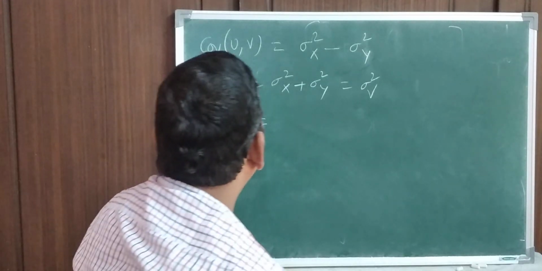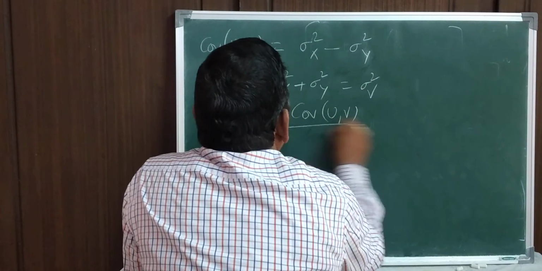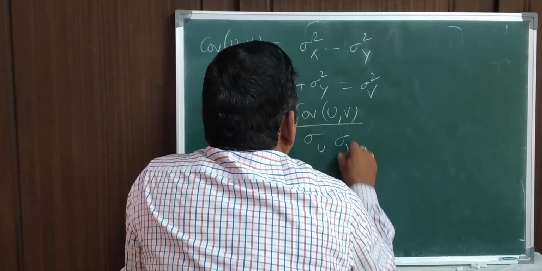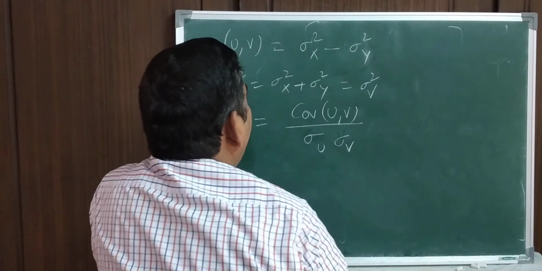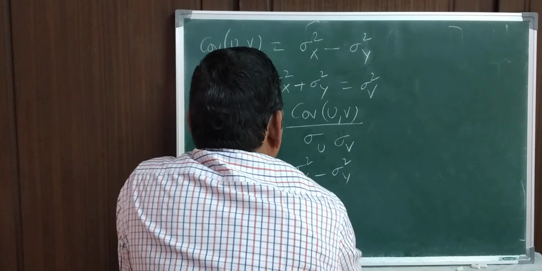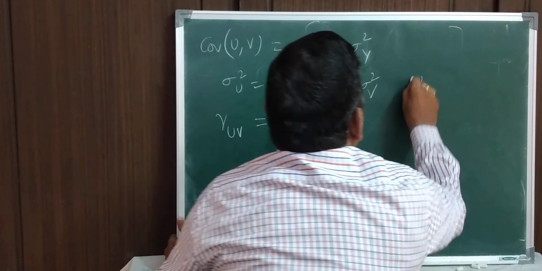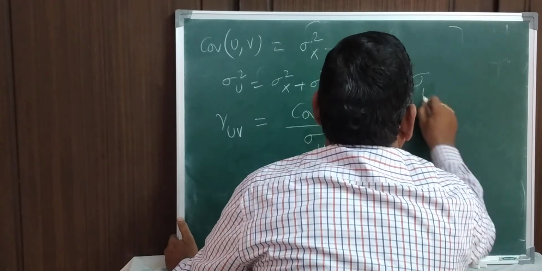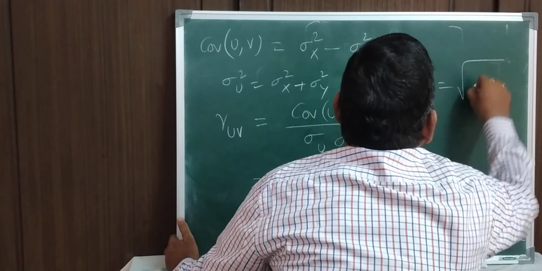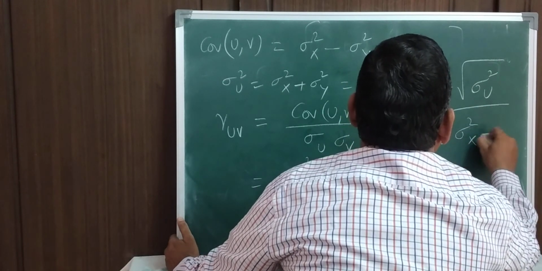Now I consider RUV is equal to covariance of u comma v divided by sigma u sigma v. What is covariance of uv? Sigma square x minus sigma square y, divided by, I consider square root, so sigma u sigma v. Sigma u is equal to square root of sigma square u, which is the square root of sigma square x plus sigma square y.